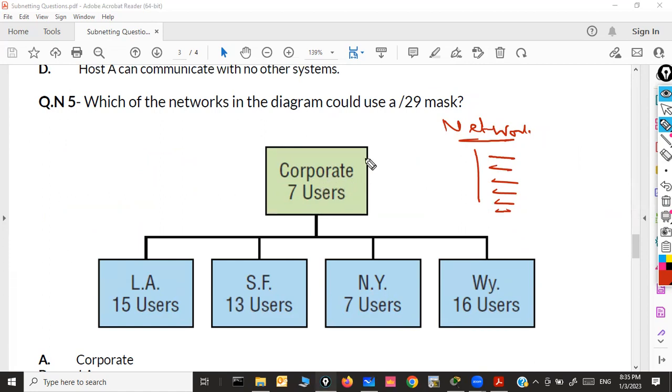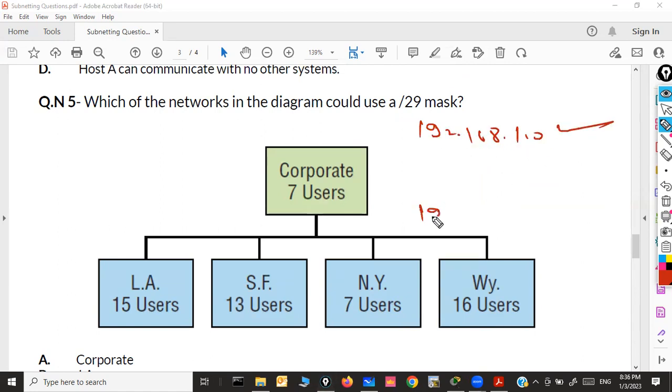But in cloud, to find out usable IPs, we subtract differently. Let's say I take this example, 192.168. The first IP is reserved and the last IP is reserved, very much the same as in this networking.